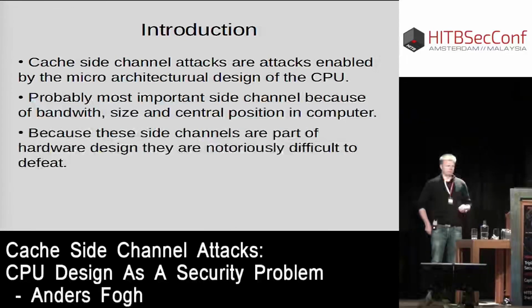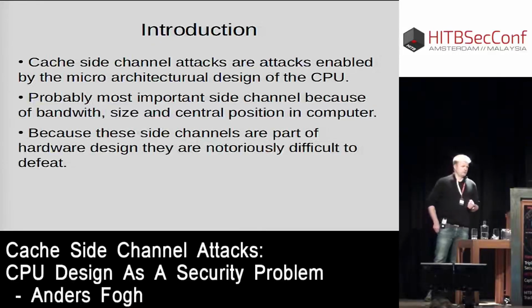And to understand the central position in a computer, I like to compare it to a side channel in the floating point unit. The thing is, you can write software without using the floating point unit. In fact, most software doesn't. But you cannot write a piece of software without using memory, and by extension, the cache subsystem. So this is why I think this is the most general kind of side channel attack there is in modern computers, and it's really, really dangerous.